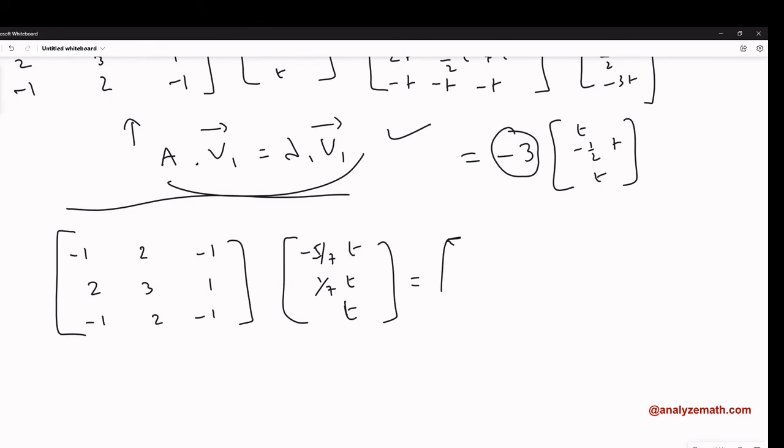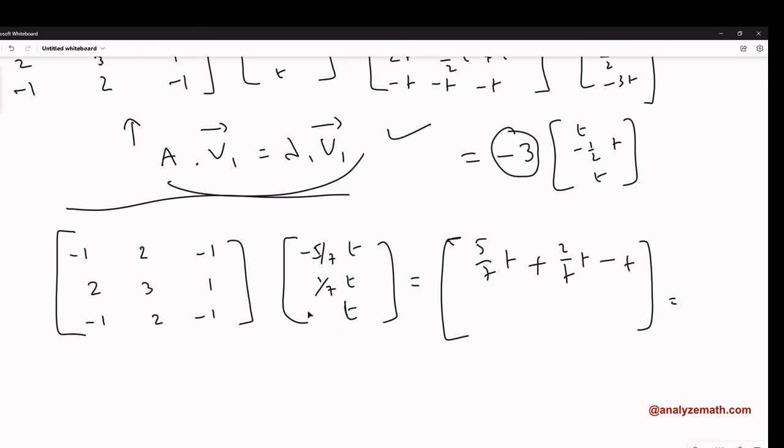Negative 1 by negative 5 over 7 t gives me 5 over 7 t, and then 2 by 1 over 7 t gives 2 over 7 t, and then negative 1 by t is minus t. Again, we will simplify this in a few minutes.